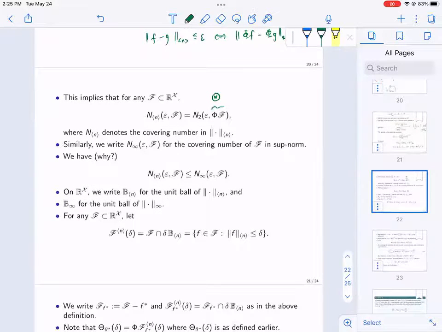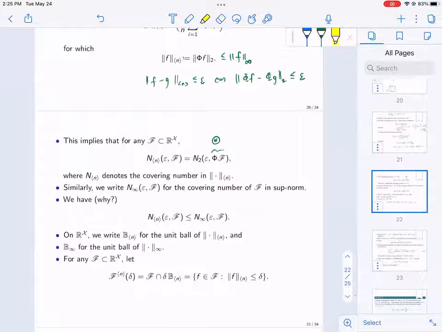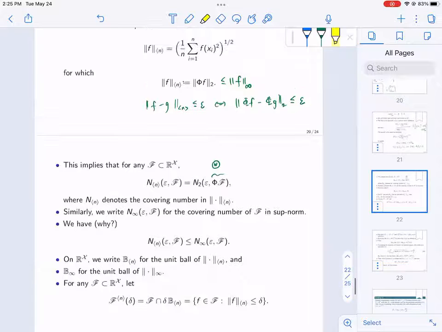And so that's one observation. The other observation is that this covering number in the empirical norm is going to be at most the covering number in the infinity norm or the sup norm. So why is that? Because of this upper bound, yeah.